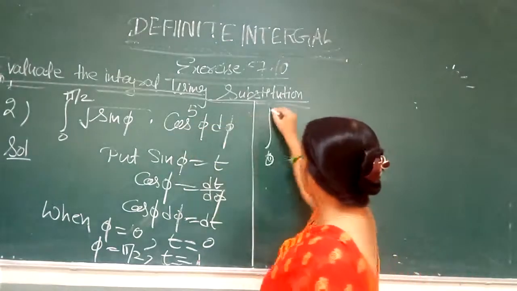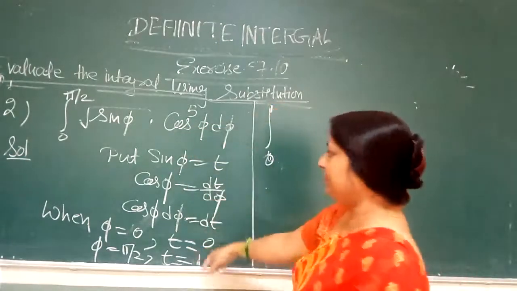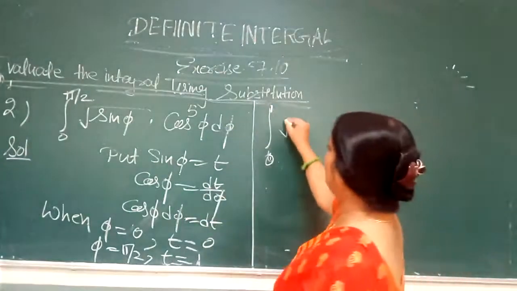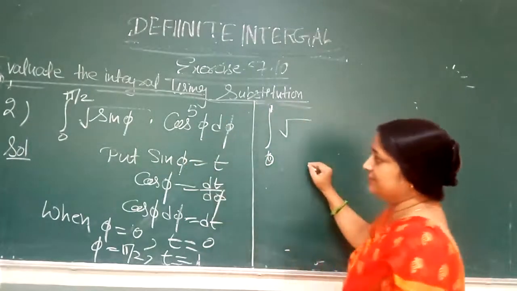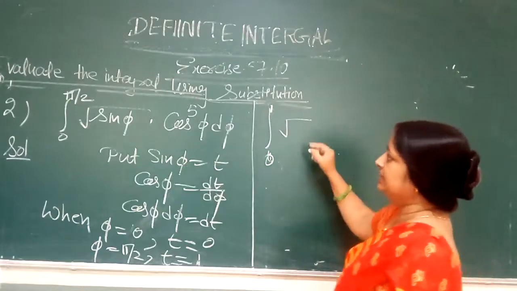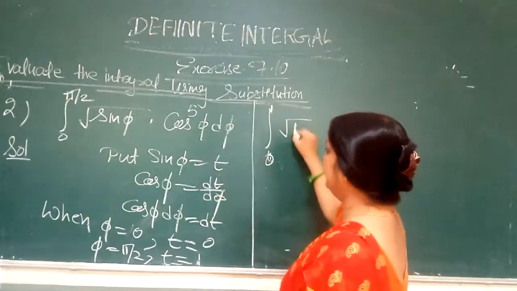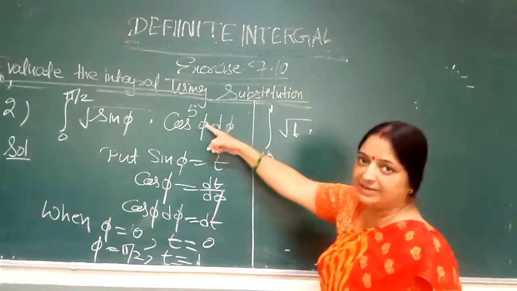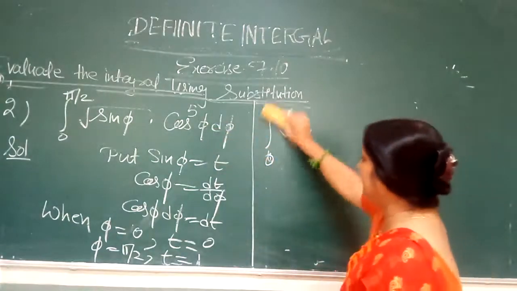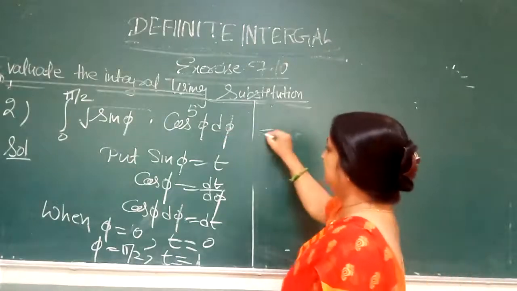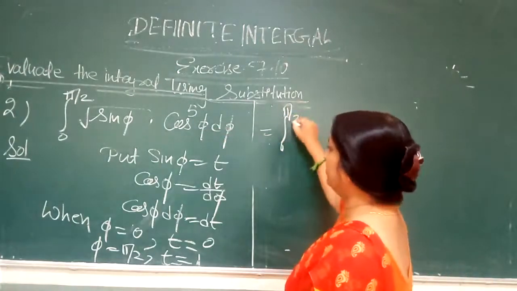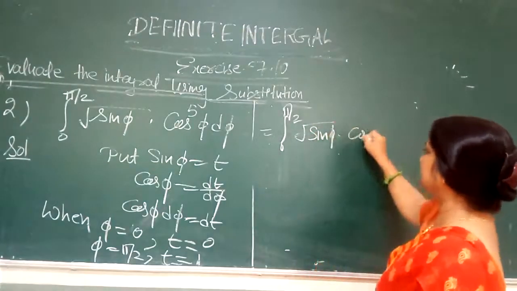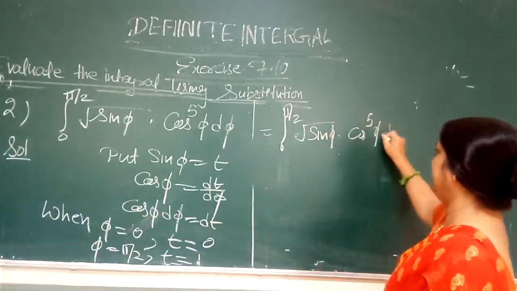So I am changing the limit here, 0 to 1, in place of pi by 2 we write 1, because we are changing this function into the form of t. Root of sin phi is root t, into cos to the power 5 phi, cos phi d phi.